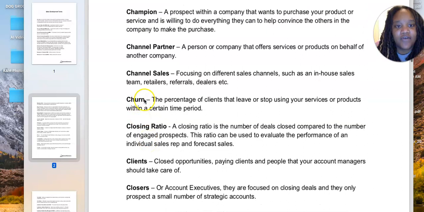Okay, next we have a channel partner, which is a person or company that offers services and products on behalf of another company.